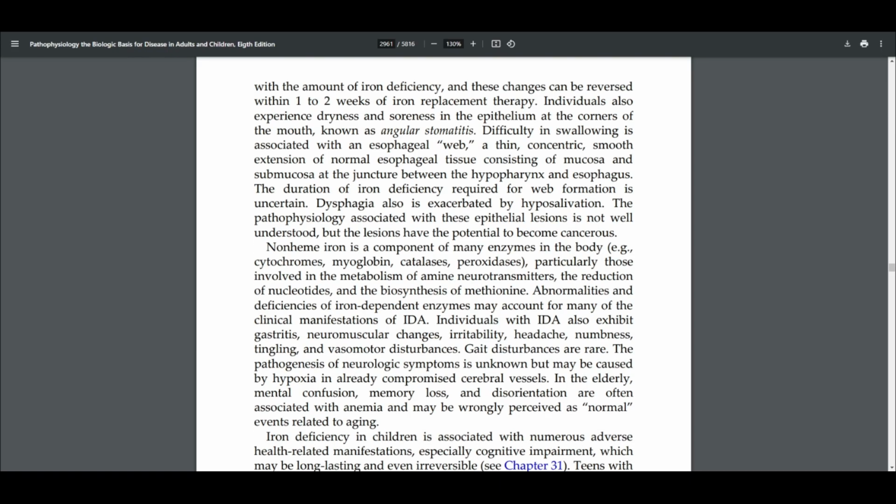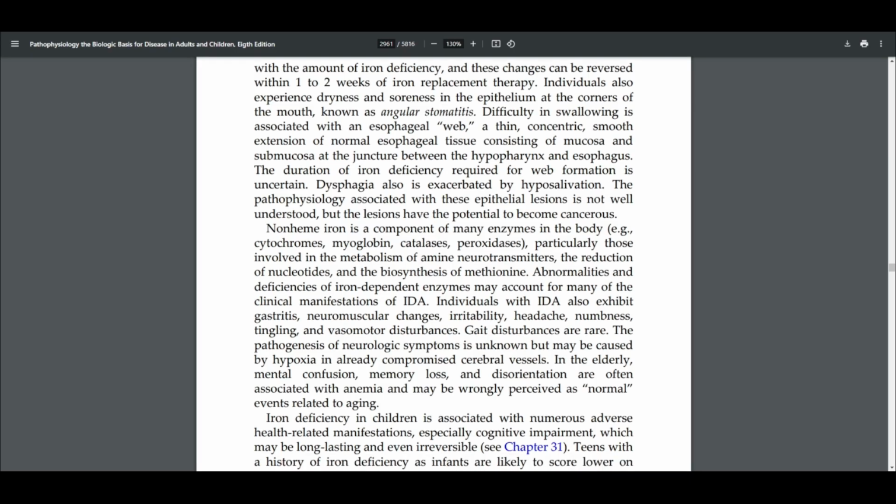The duration of iron deficiency required for web formation is uncertain. Dysphagia also is exacerbated by the hyposalivation. The pathophysiology associated with these epithelial lesions is not well understood, but the lesions have the potential to become cancerous.